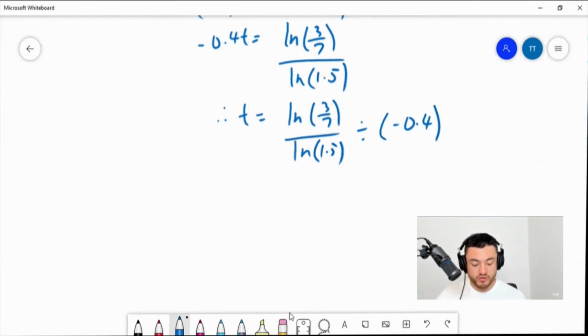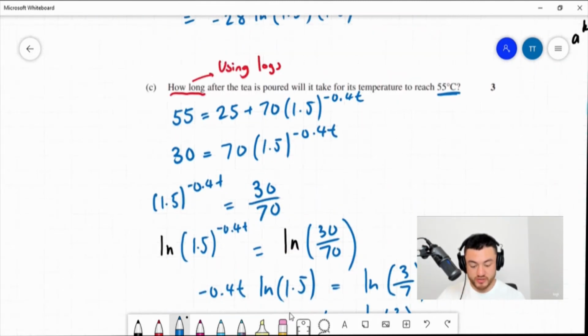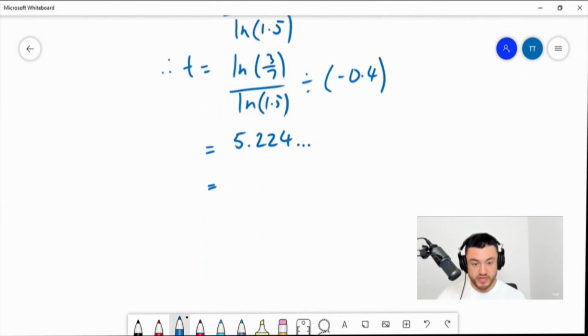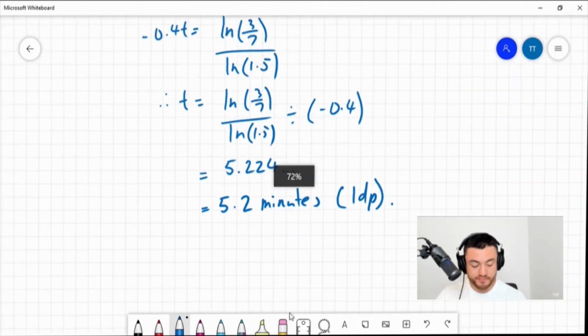So you can put all of that into your calculator, and you should get 5.224 and so forth. And let's just see if we are asked to round to a certain... No, we're not asked, but let's just stick with what we did earlier and round to 1 dp. So let's just say this will be 5.2 minutes, and we'll keep it in base 10. It's not really asking us to go to a certain degree of accuracy, so we'll leave it in base 10, 5.2 minutes to 1 dp.